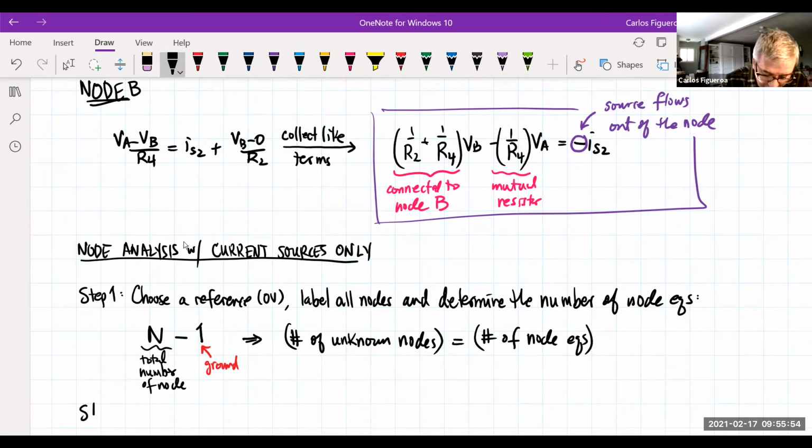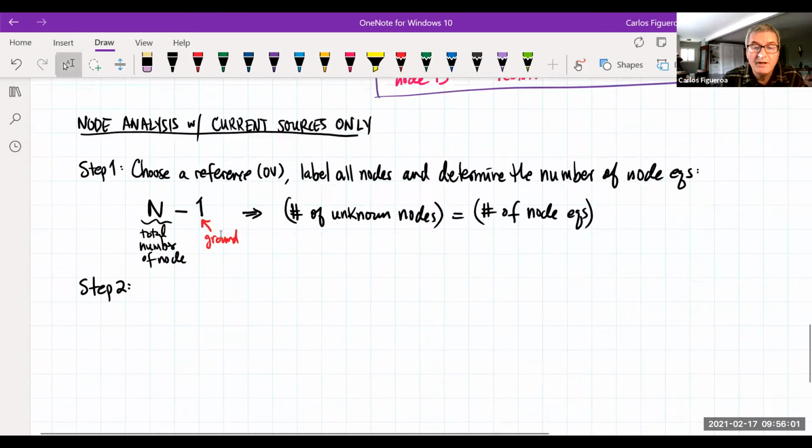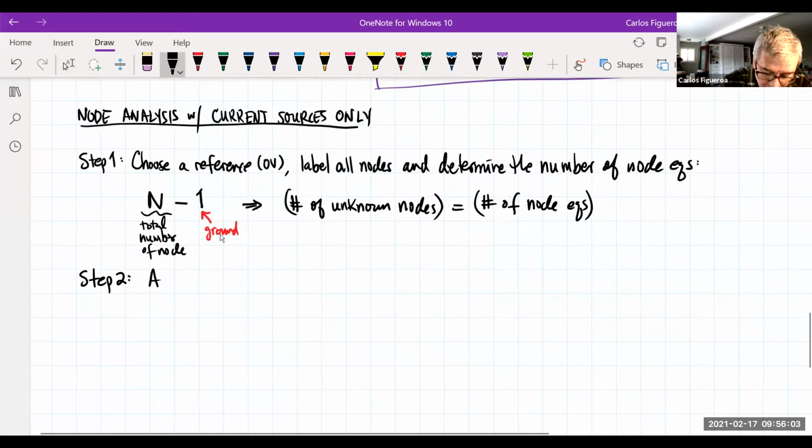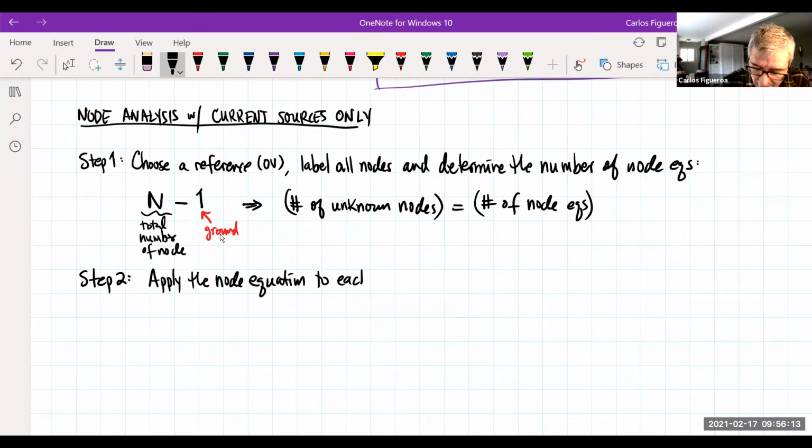Then I go to step 2. Then what I do here is that I apply the node equation to each unknown node. So what do I do here?